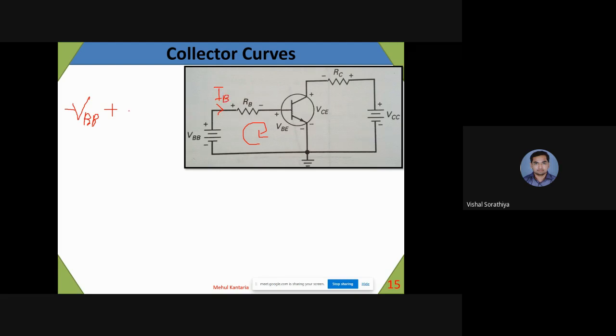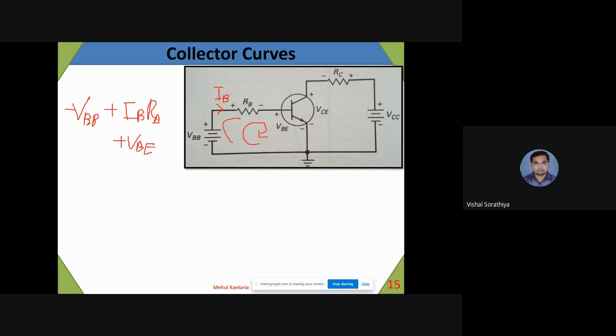So the resistor is going to drop IB RB, as per the simple KVL rule. I'm starting from this direction. So minus VBB plus RB IB plus the drop over here, which is VBE.